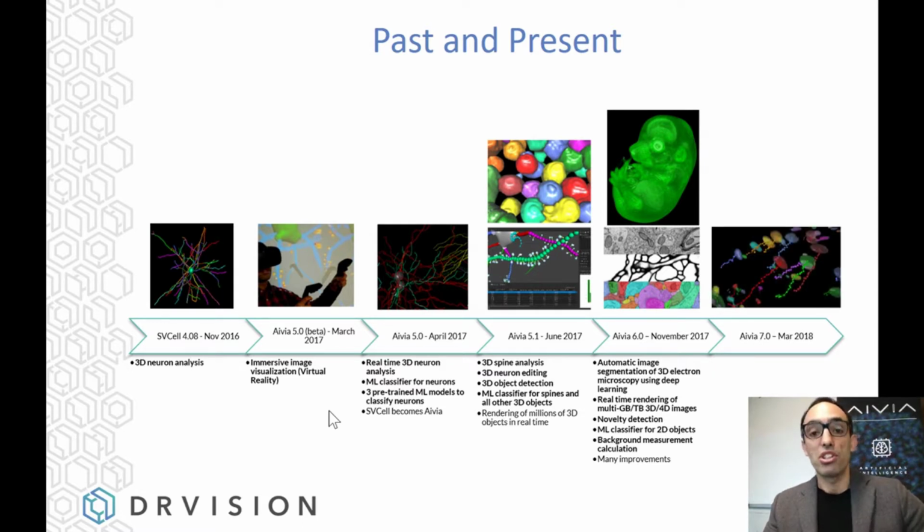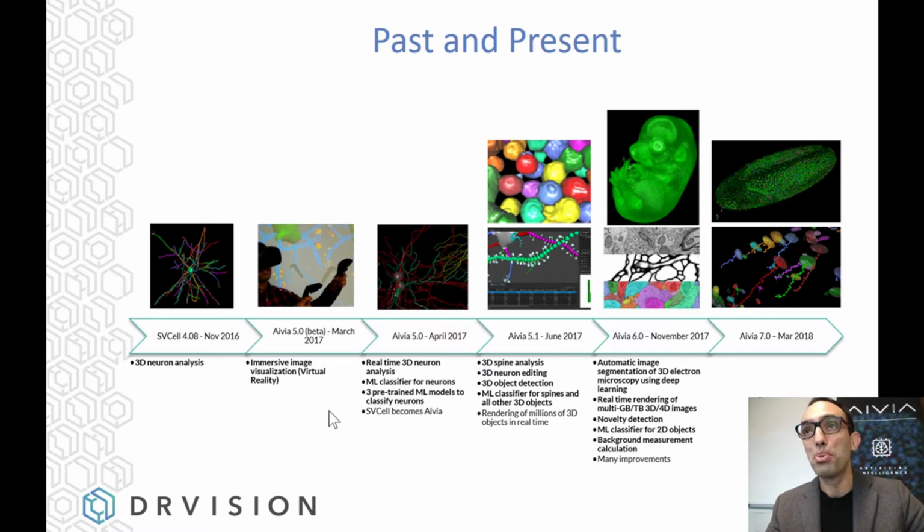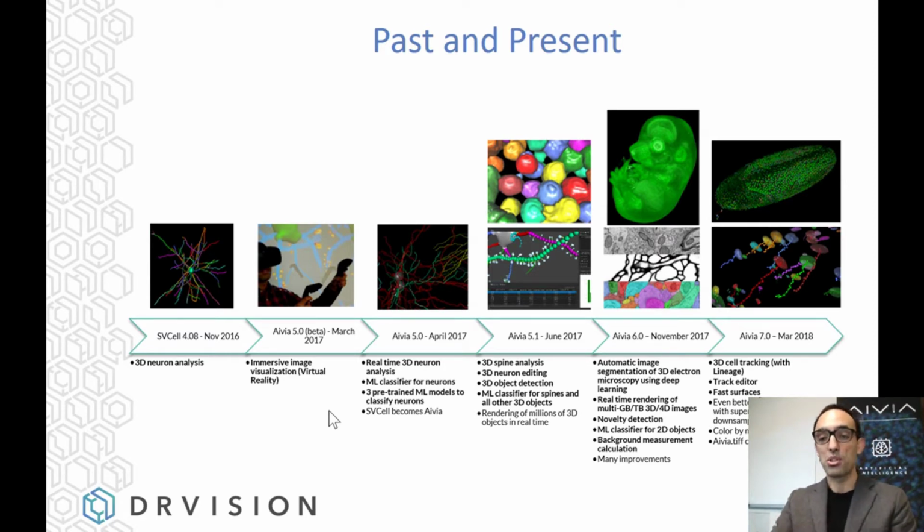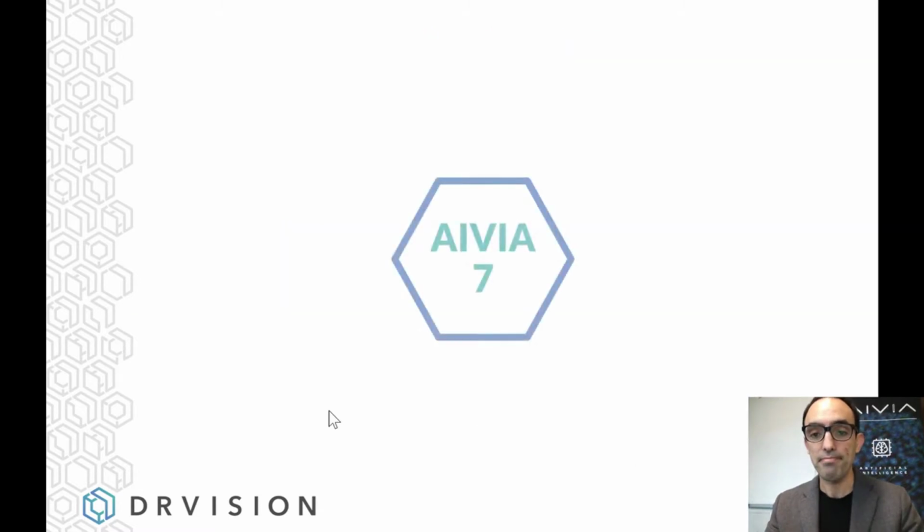Today, it's the launch of Aivia 7, and we continue to push ahead with brand new and very exciting functionality. Not only the tracking, but also some new technology for surfaces, which are really essential in order to do the tracking efficiently. And we have actually quite a few other features that I'll also describe in some detail.